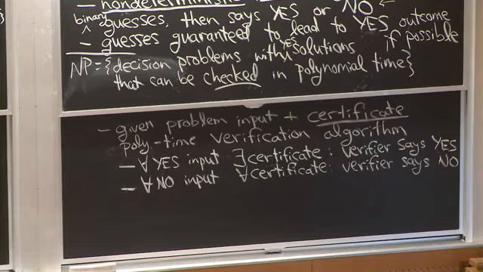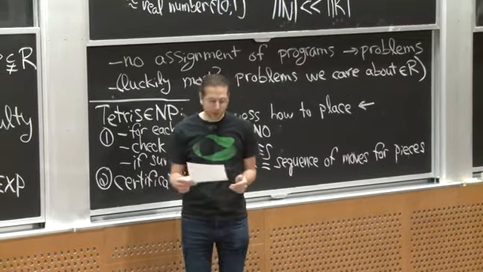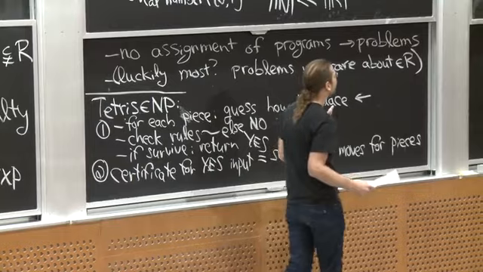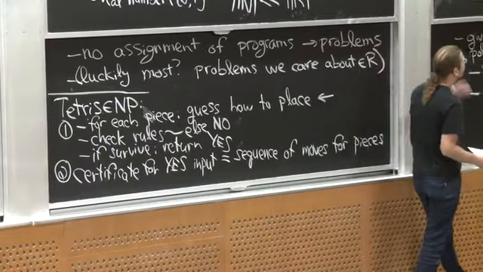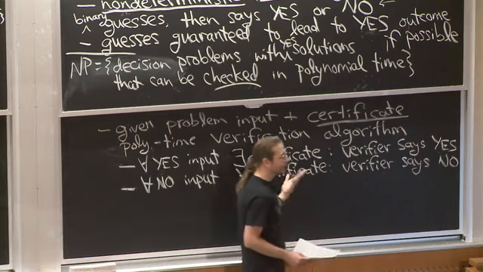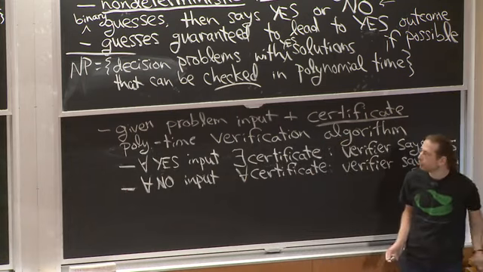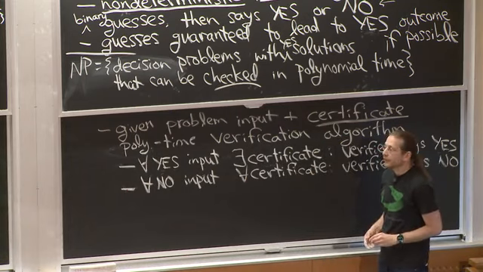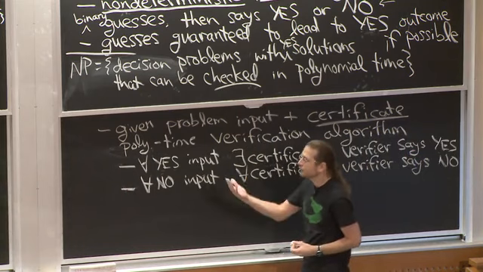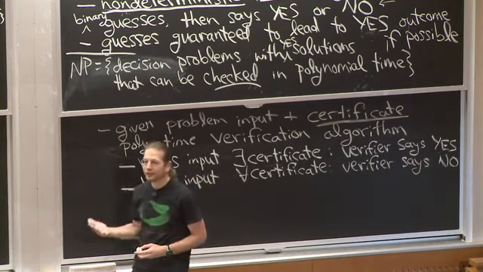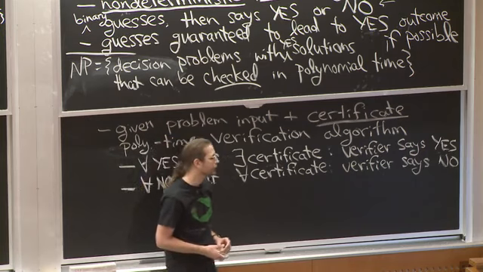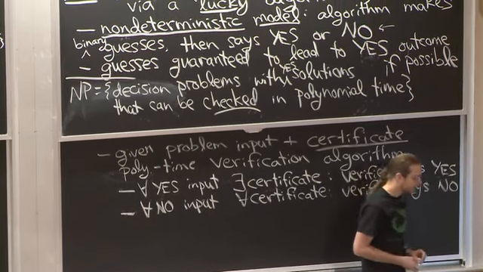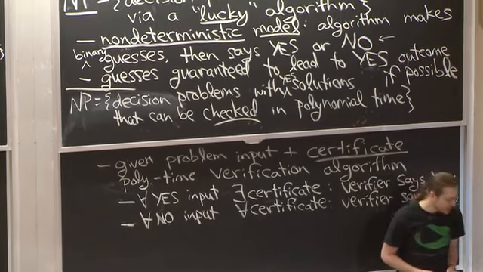And a lot of decision problems are in NP. A lot of the problems that we care about can be phrased as an NP problem. As long as it's a decision problem, usually answering yes or no is provable, like subset sum, like Tetris. These are all problems where if the answer is yes, I can give you a convincing proof why.